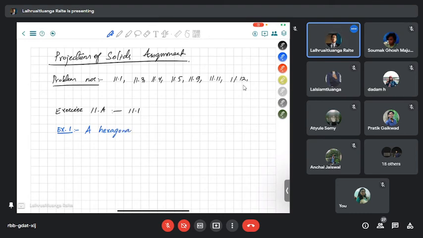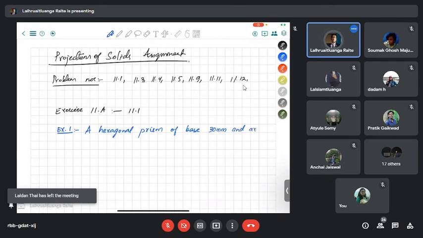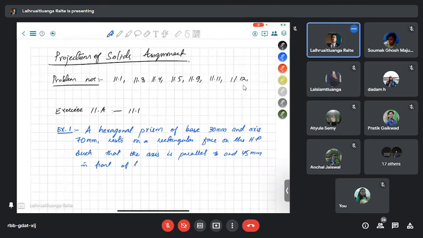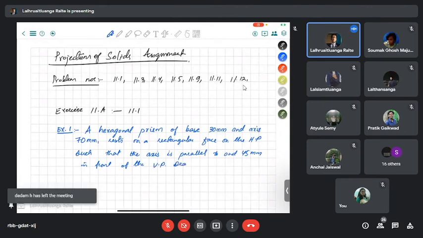A hexagonal prism, now this is a prism, not a pyramid, of base 30 mm and axis 70 mm rests on a rectangular face on the HP such that the axis is parallel to and 45 mm in front of the VP. Draw its projections.